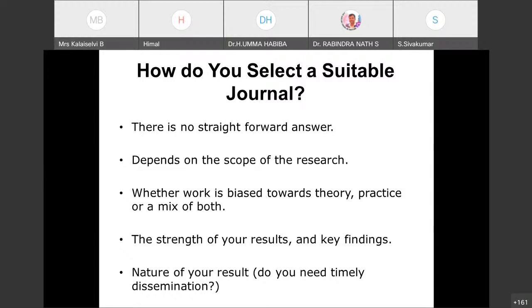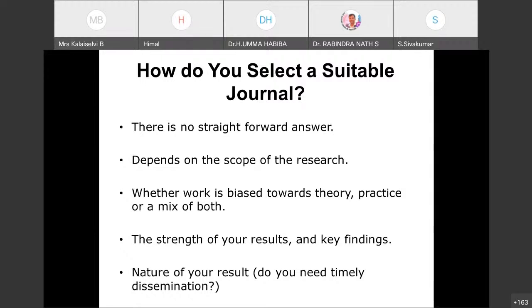Another thing that you need to consider, or at least you can think about, is the strength of your results. Sometimes you have preliminary results, sometimes you have research conducted for, let's say, about 1 year or more, some kind of comprehensive research work, and also depending on the findings, right? Whether these findings are specific or whether these findings are general and will be important to many researchers working in the field, and so on, right?